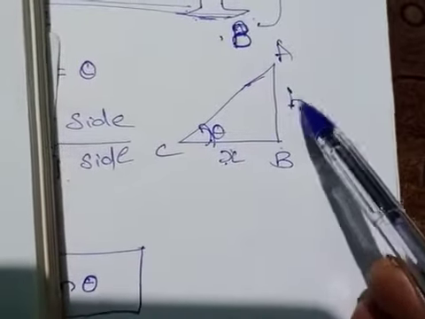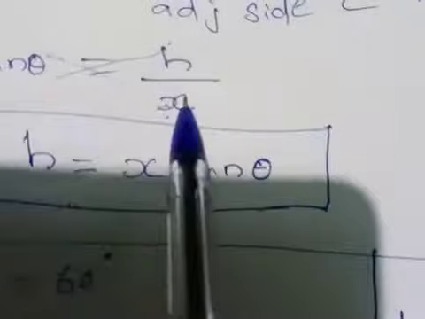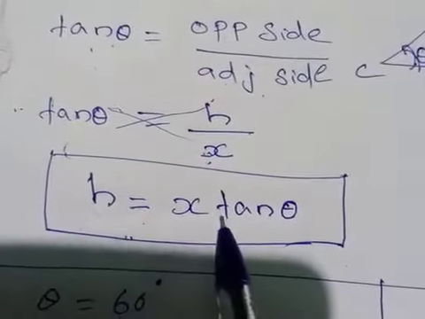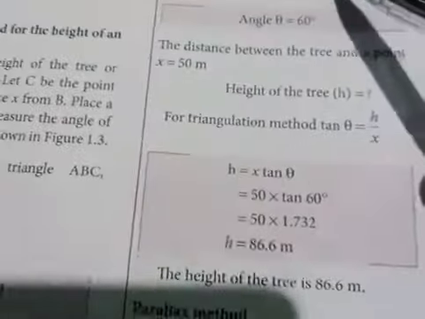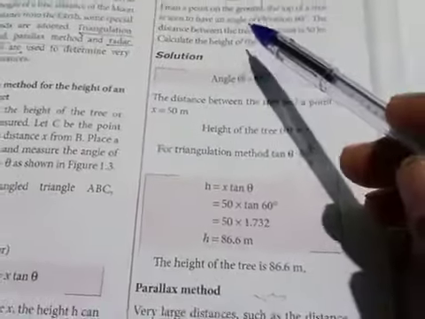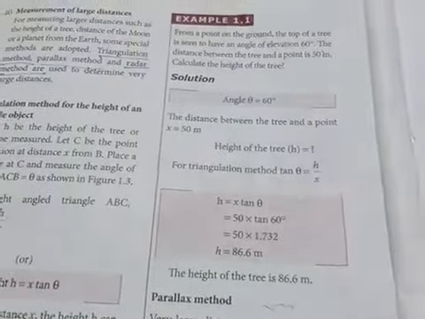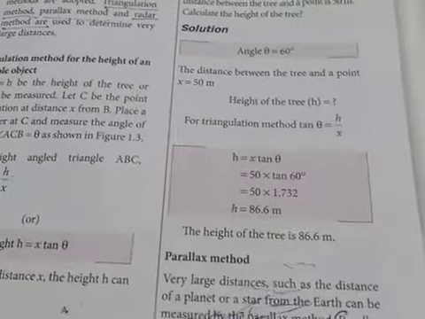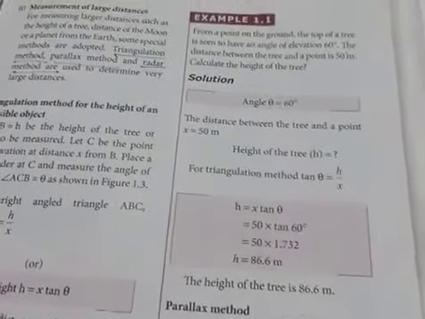So tan theta is equal to H by X. Cross multiplying, H is equal to X tan theta. Based on the triangulation method, there is a problem, example 1.1. It is a very important problem, previously asked as a 3-mark question. So you can just work out this problem.